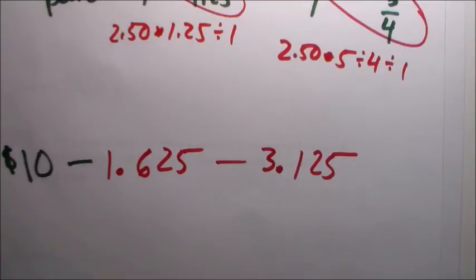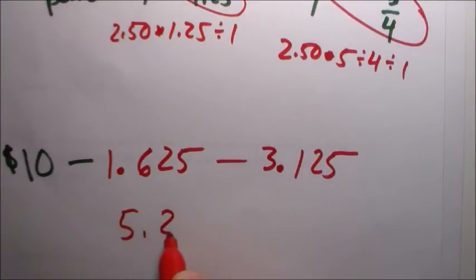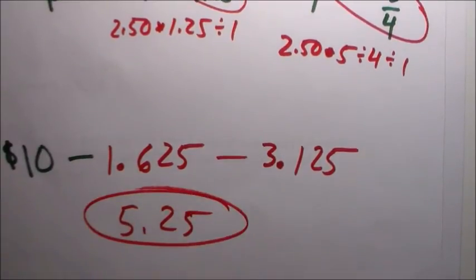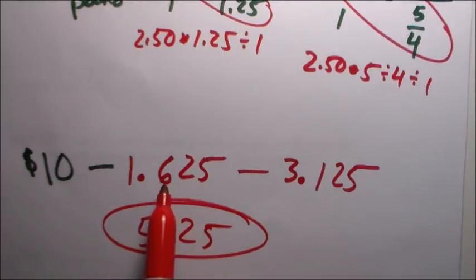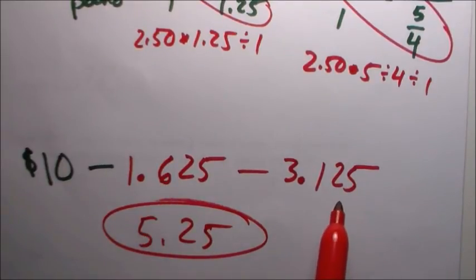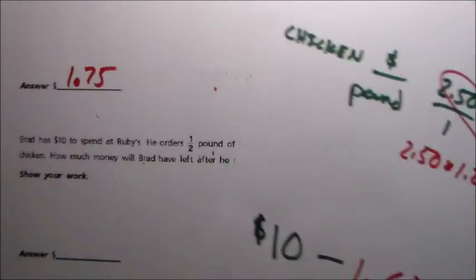Well, if we just plug it into our calculator, that's easy enough. So let's do that. 10 minus 1.625 minus 3.125. What do we get? We get 5 1/4. That's what's left after he paid for the half pound of sausage and paid for the pound and a quarter of chicken.